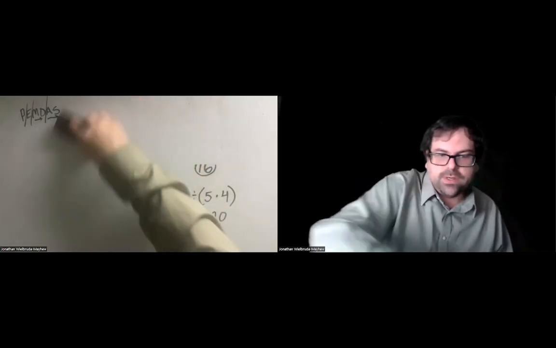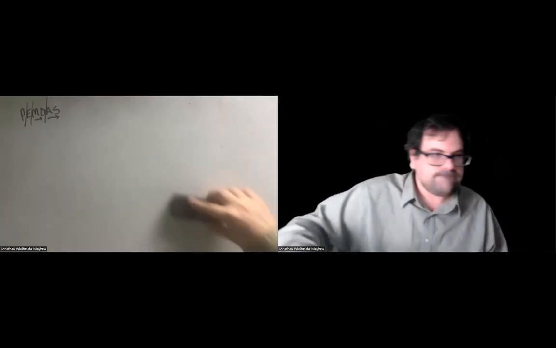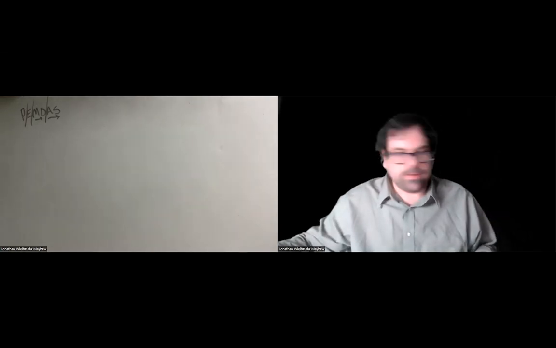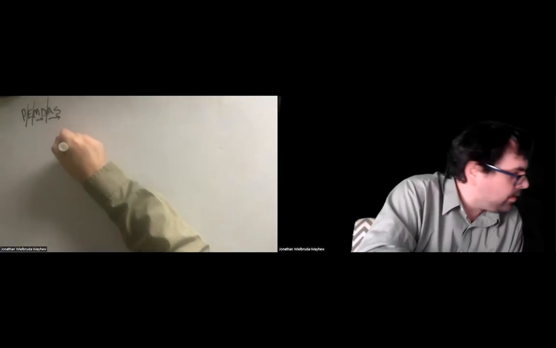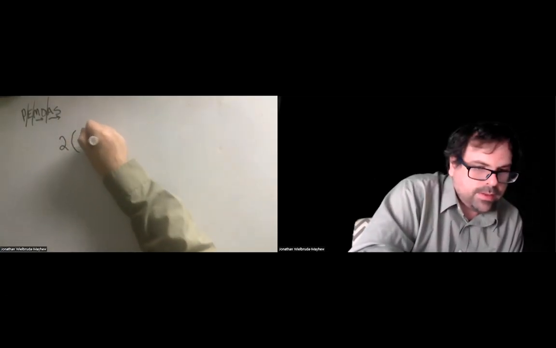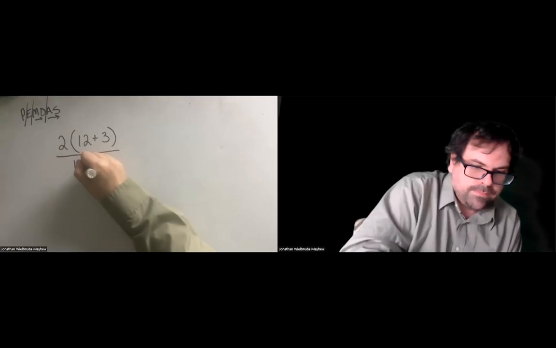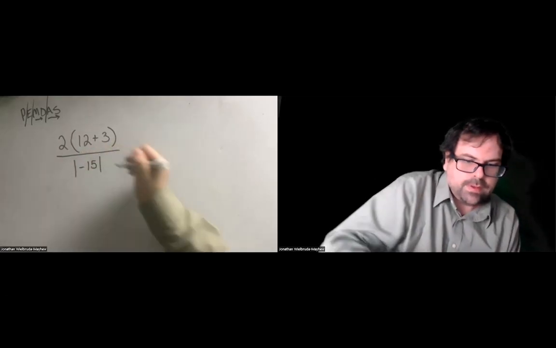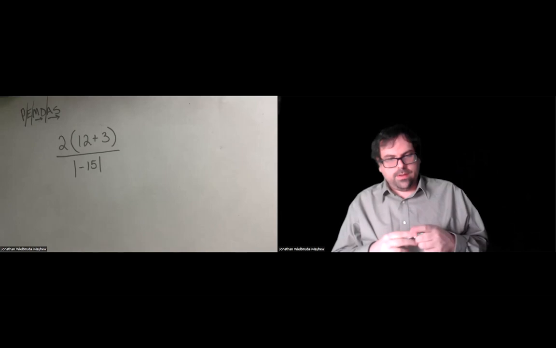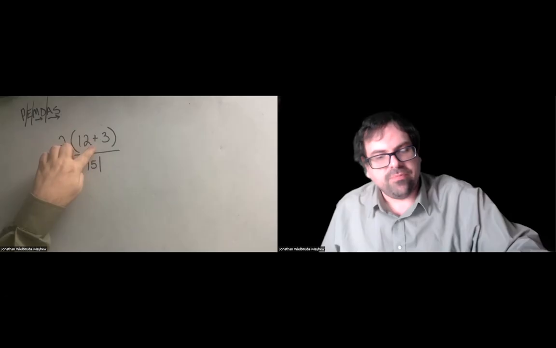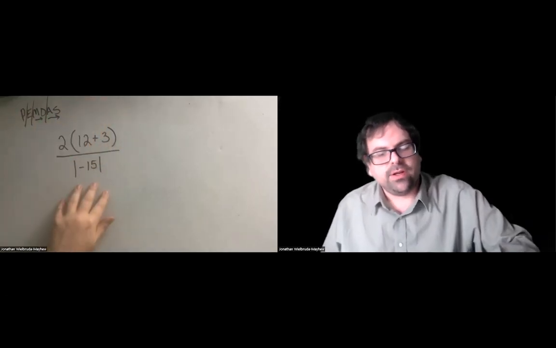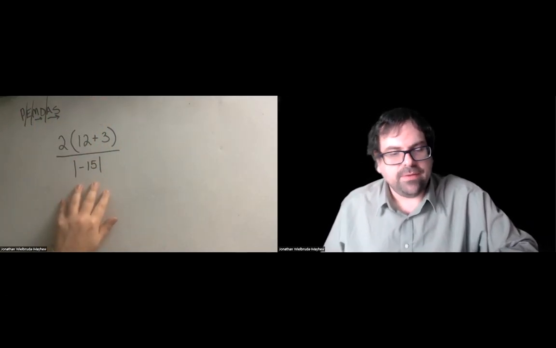Okay, let's do some more. 2 times, in parentheses, 12 plus 3, all over the absolute value of negative 15.